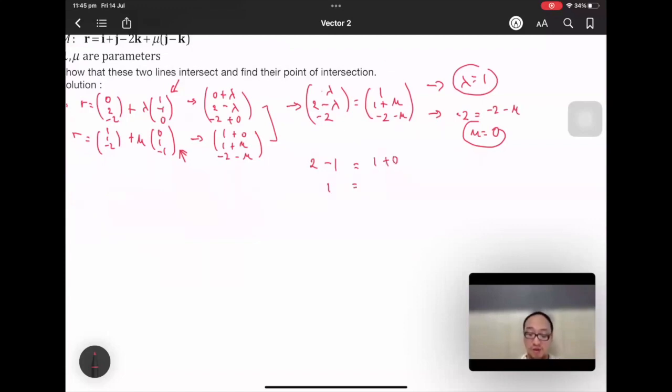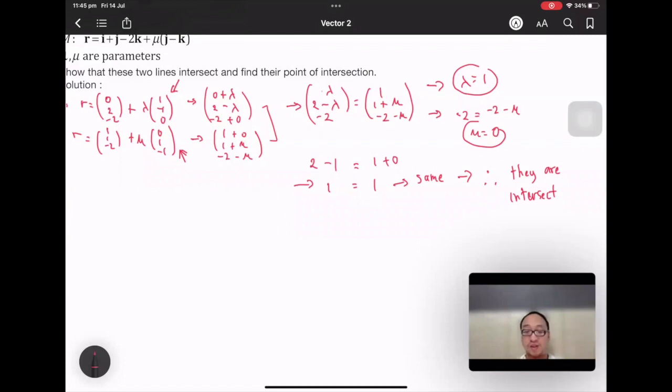So 1 equals 1. They are the same. Because the y coordinates are the same, they intersect. The conclusion: they intersect.